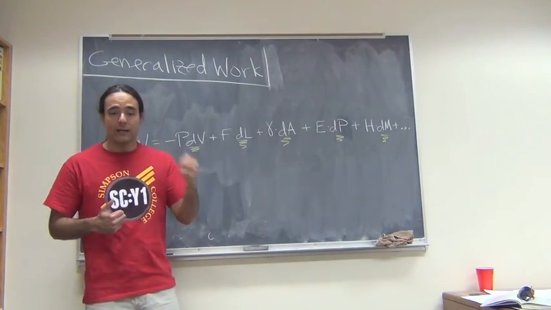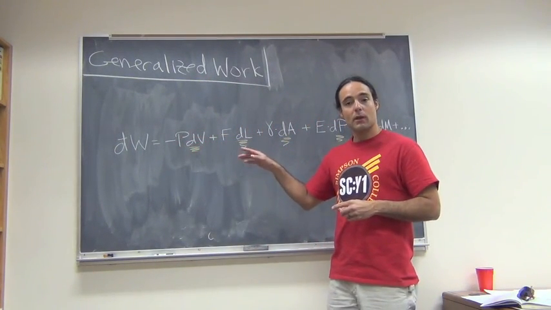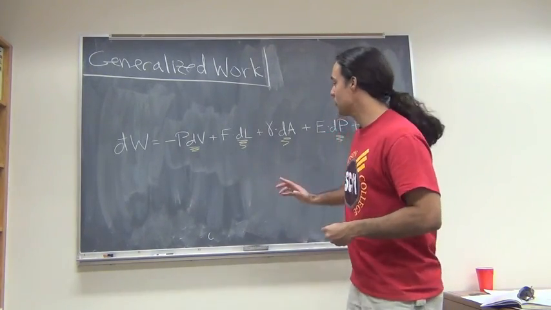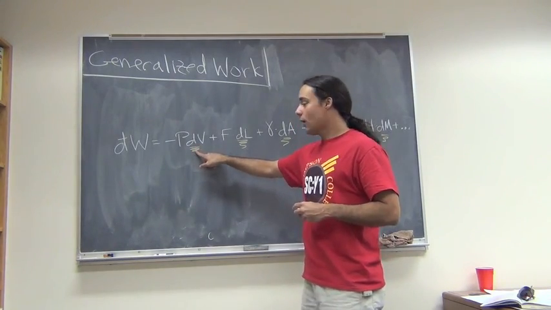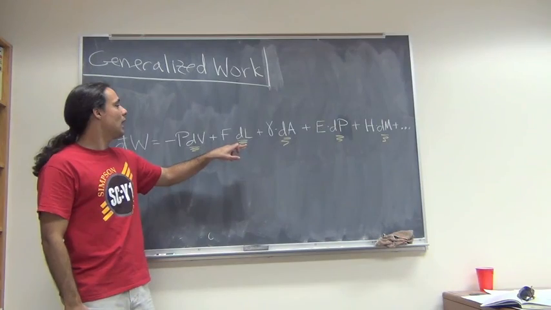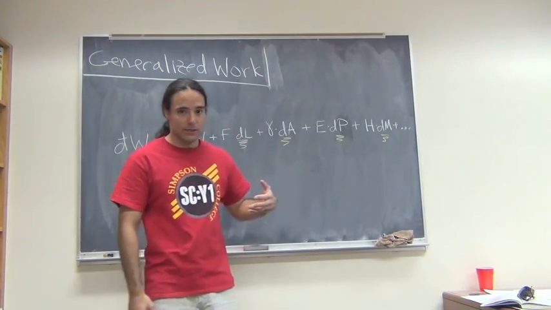But there's an interesting trend that builds up if I look at some of these different terms and see how they work. So for a moment, let's just look at the differentials. So I have a differential volume, a differential length, a differential area, differential polarization, differential magnetization.